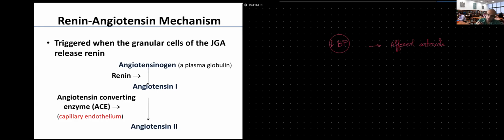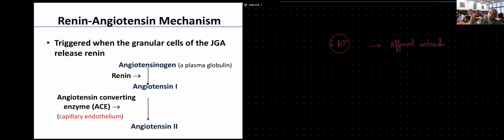Millions? Yeah, we've got 1 million per kidney. So you've got 1 million nephrons per kidney, and you have one afferent arteriole for each of those nephrons. So you've got 2 million afferent arterioles. Yes, exactly.